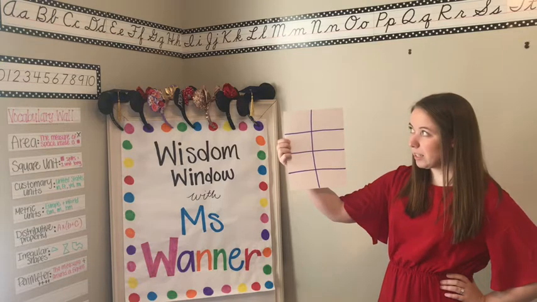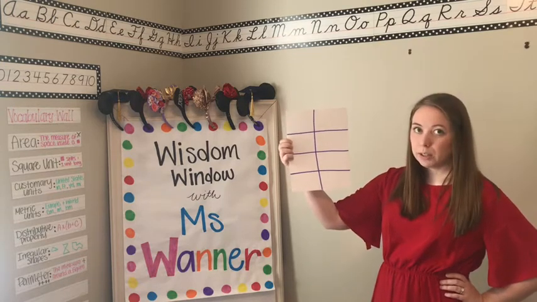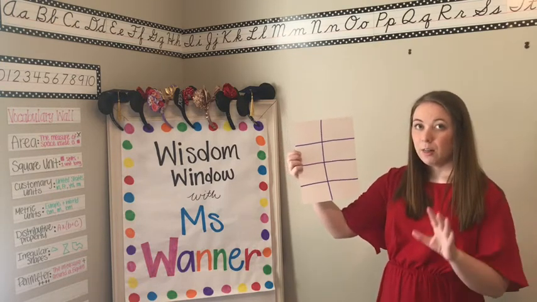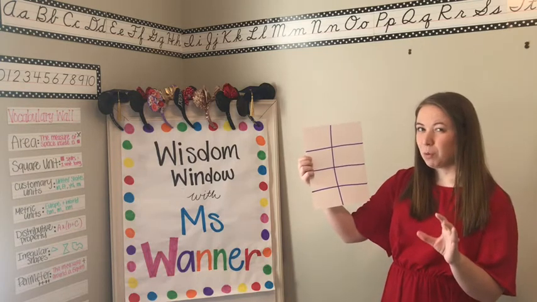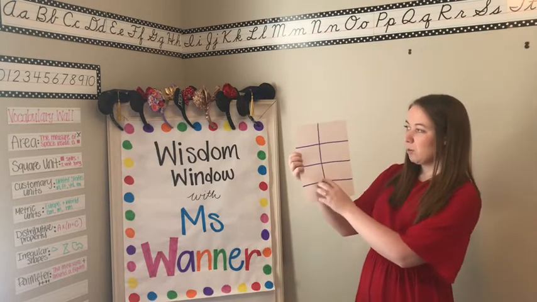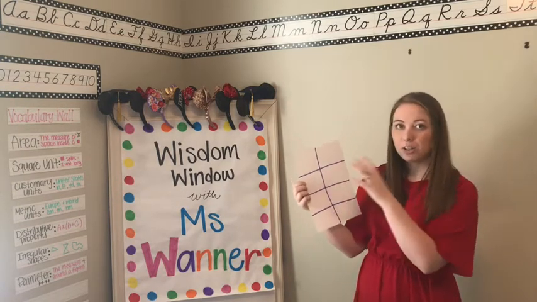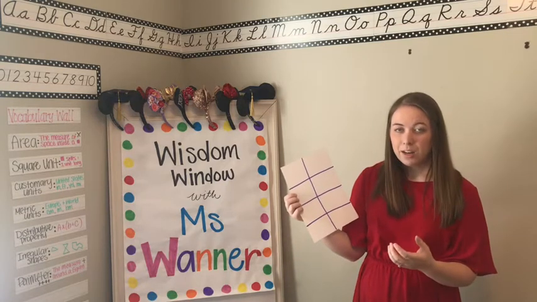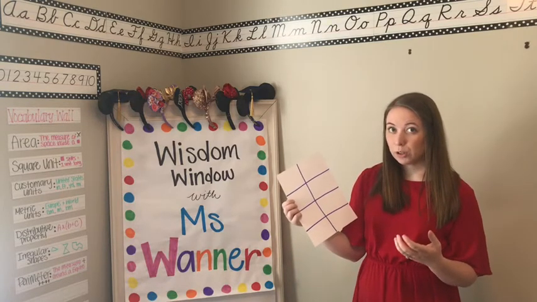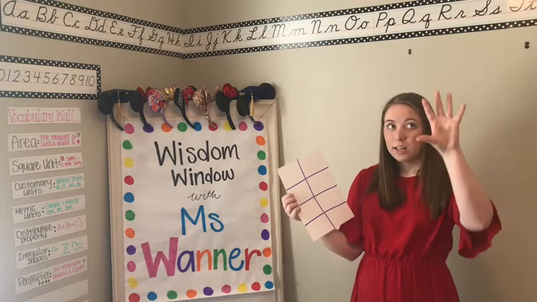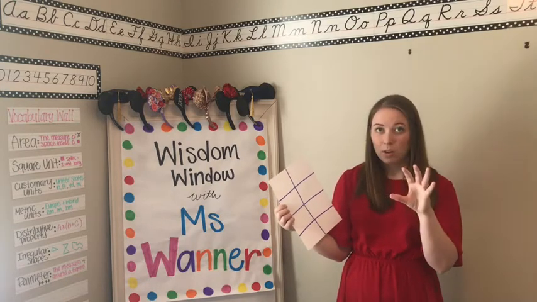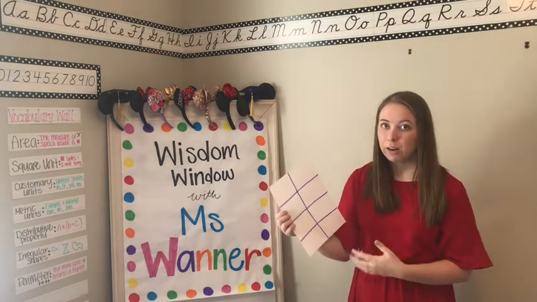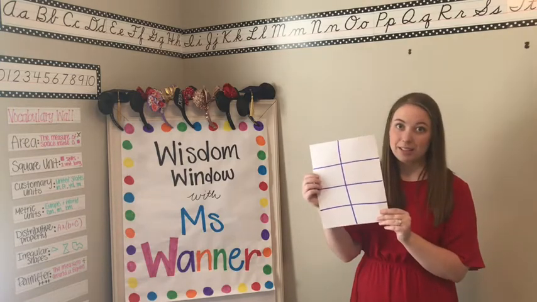Well, there's a couple ways that you can do it, but it's really important to understand that when we divide something into equal parts, the units inside each of the parts are the same. So, just like how we learned about fractions and how each of the parts need to be equal, we're going to be doing the same thing here and applying that with grids.